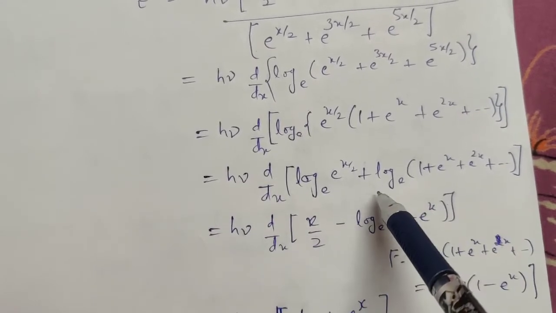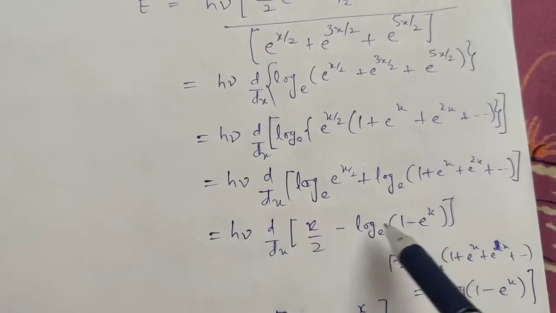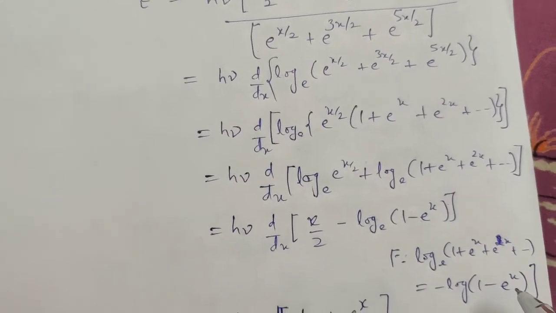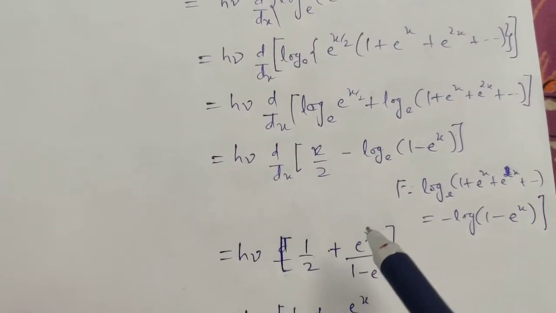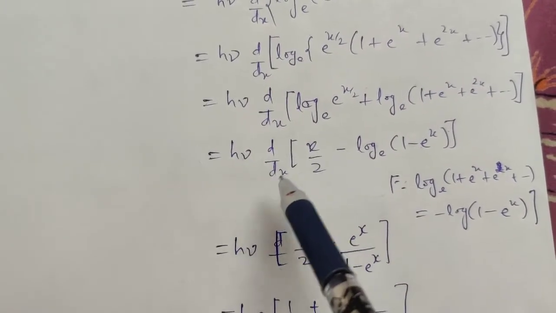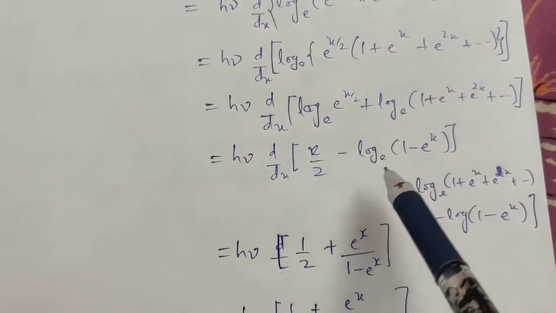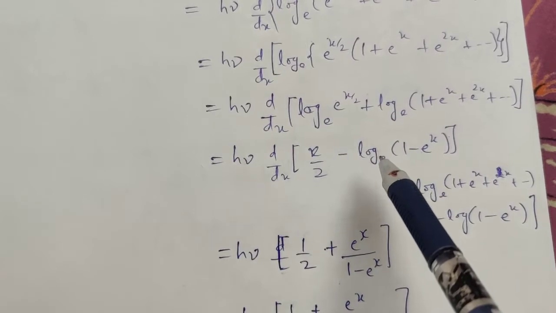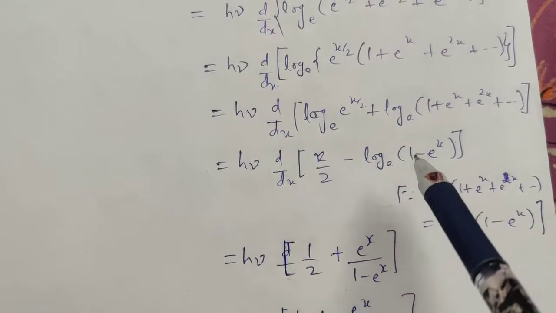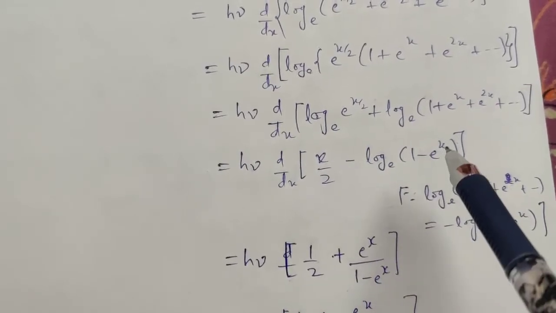If you evaluate, it is very simple, this will be minus log e minus 1 minus e raised to power x, and when you differentiate this will be 1 by 2 differentiated with x, this will be 1 by 2, and log x differentiated is 1 upon x, this will be 1 upon e raised to power minus e raised to power x, and differentiation of x, minus minus plus, this will be e raised to power x.